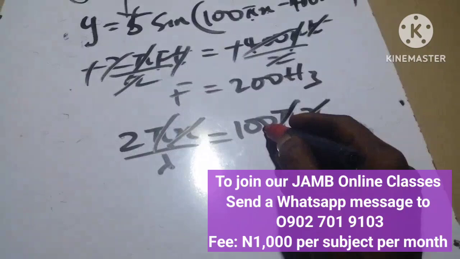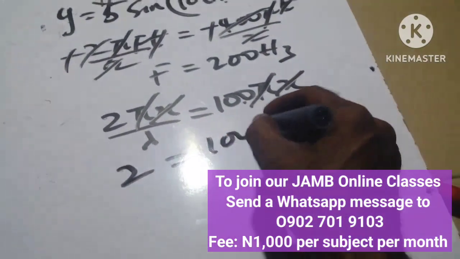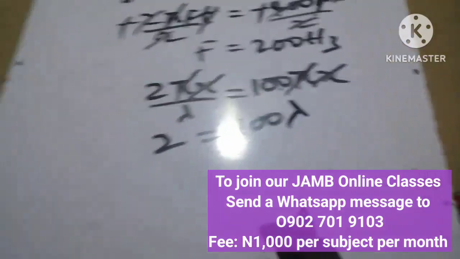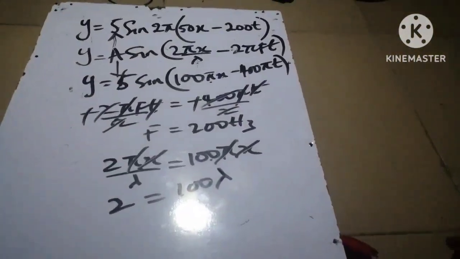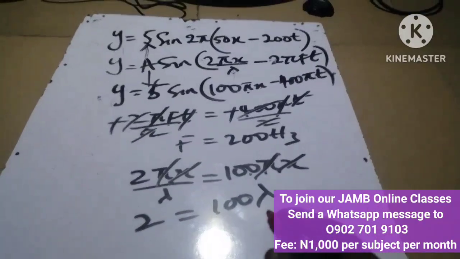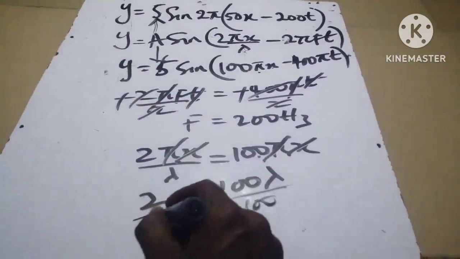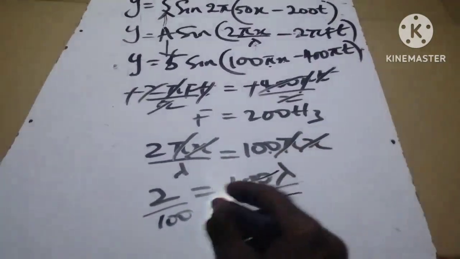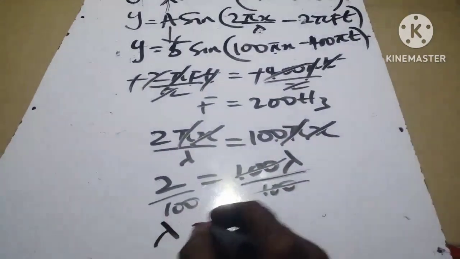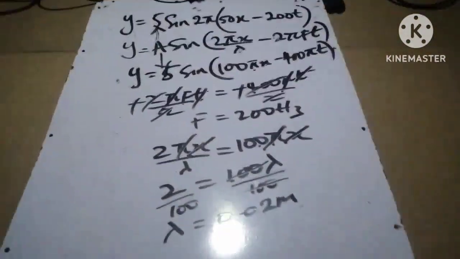So this now we multiply by this: 2 equals 100 lambda. Don't forget, sometimes if the pi is omitted, the pi is sitting as 3.143. When you get this, you divide by 100, divide by 100. So this will cancel this. 2 over 100, your lambda is equal to 0.02 meters. That is how to get your wavelength.